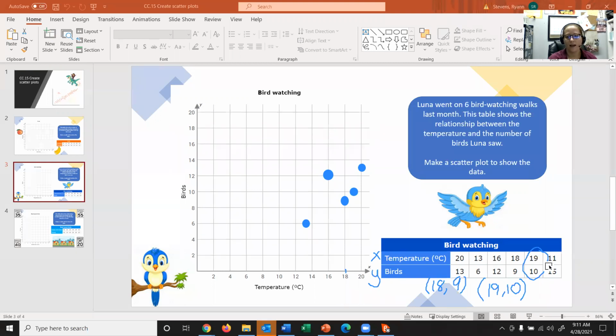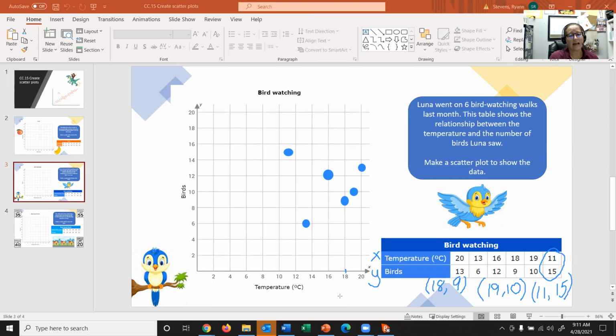And then our last point right here is 11 and 15. So we're going to go over to about 11 and then up to about 15.